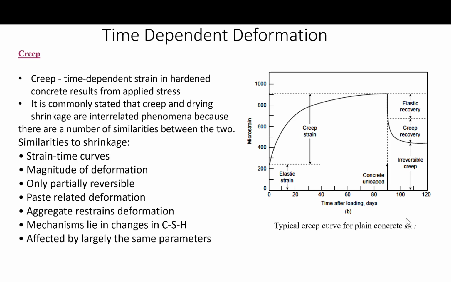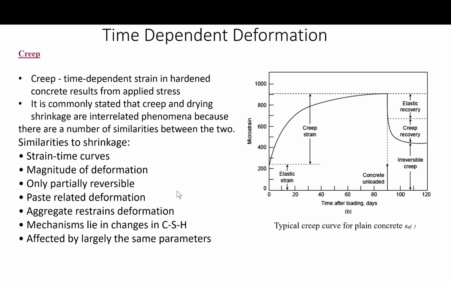Okay, similarities to shrinkage such as the strain-time curves, as you can see here, and the magnitude of deformation, they are on the same order of magnitude, only partially reversible. It is also a paste-related deformation.